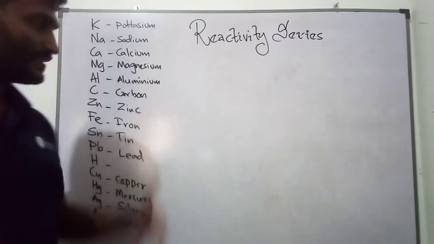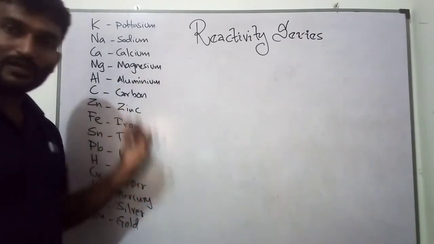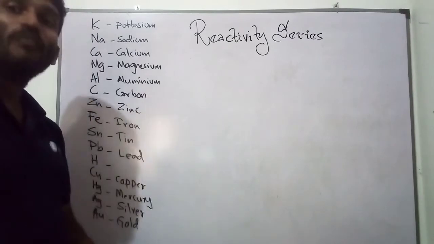Again, pop stars can make all carbon zombies in town lose his cool MSG. So this is the order of reactivity. The bottom ones are less reactive and the top ones are more reactive.